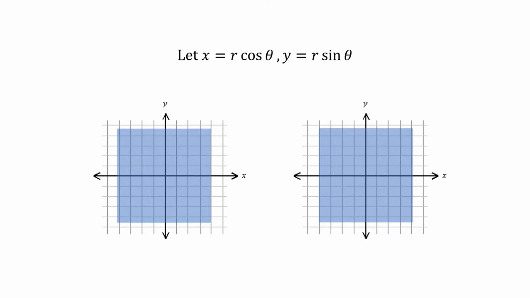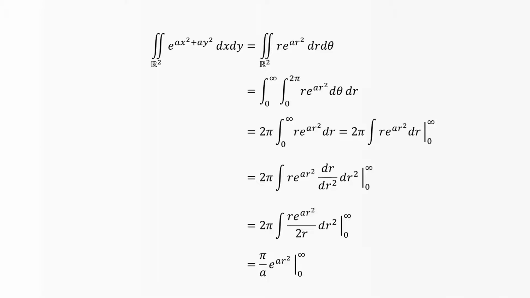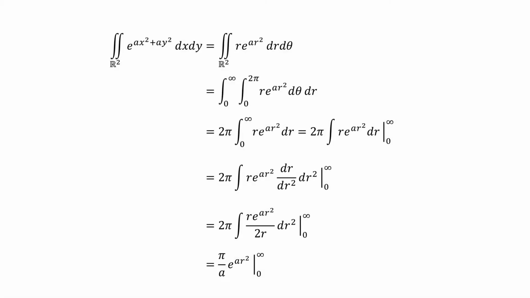Both are equal to the infinite plane. So, we are going to integrate theta from 0 to 2 pi and r from 0 to infinity. Let's calculate the integral with respect to theta first, and we get 2 pi times the integral from 0 to infinity of r times e to the power of minus ar squared dr, right?